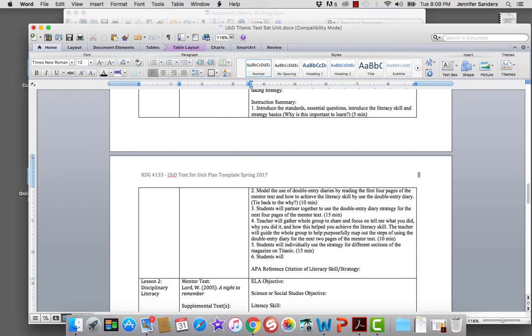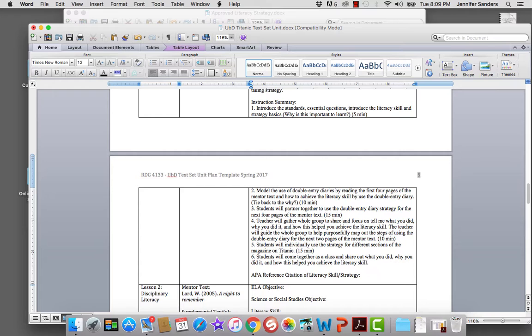So students will come together as a class and share out. And I want to go back to my focus questions. What did you do? Why did you do it? And how did this help you achieve the literacy skill? And I want to spend about 5 minutes on this.